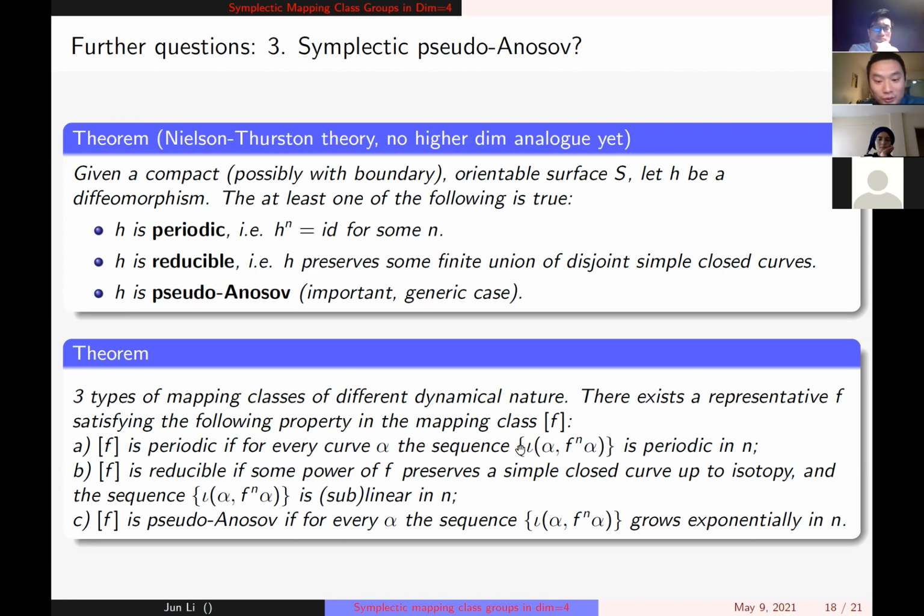Now the growth rate behaves completely differently for the 3 kinds of maps. For the periodic ones, we have periodic intersection numbers, which means after some iteration, α becomes itself. For the reducible ones, the growth rate is sublinear, and for pseudo-Anosov, we have an exponential growth rate.